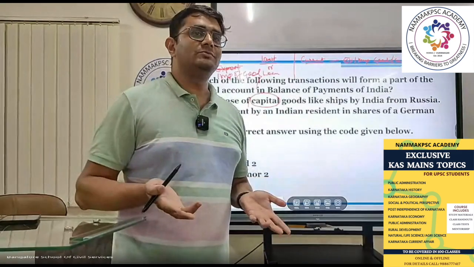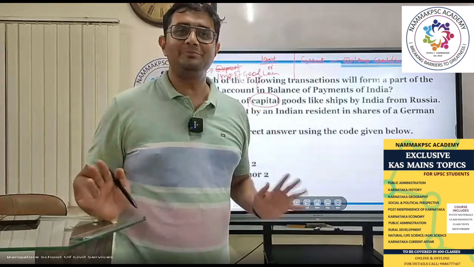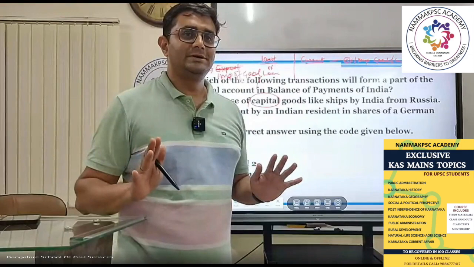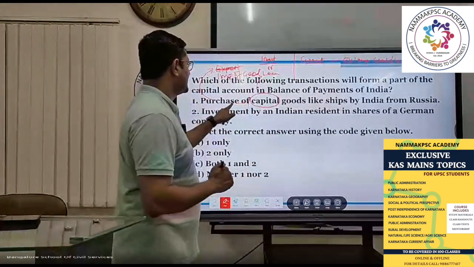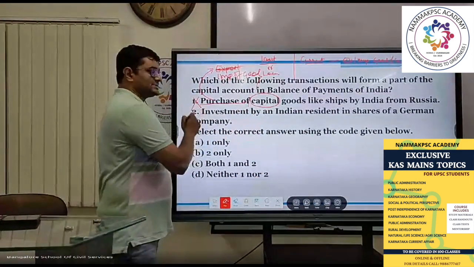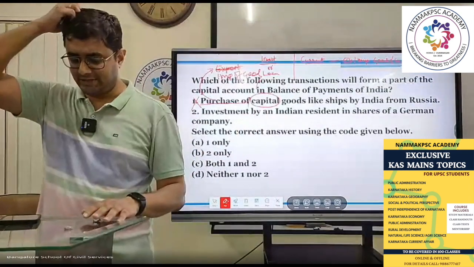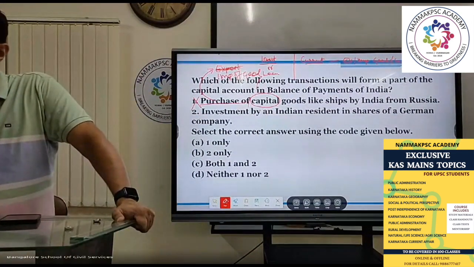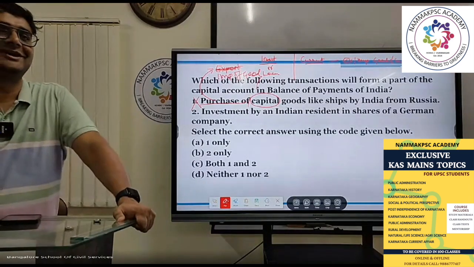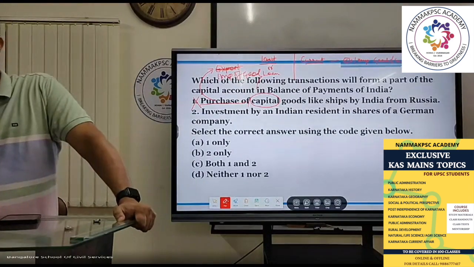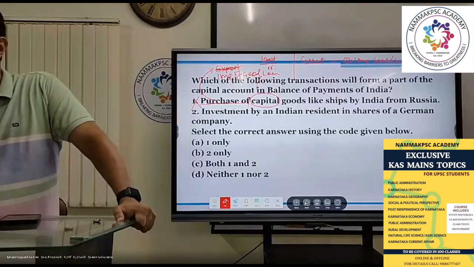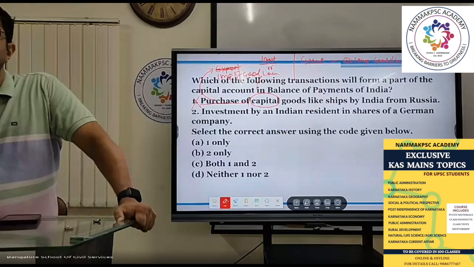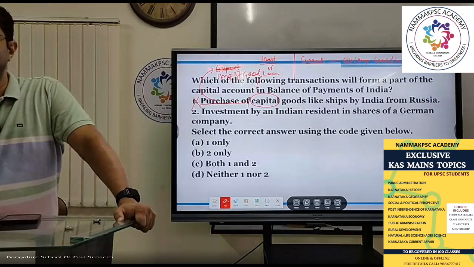Whether it is consumer goods or capital goods, import is import of goods, so import of goods is current account. So this statement is wrong. I hope you understood. Even in the exam, these are the things that go wrong. Not that you wouldn't have studied or don't have the knowledge about that topic, but you fall for the trap set by the examiners.